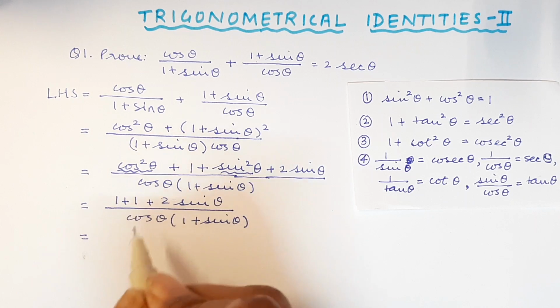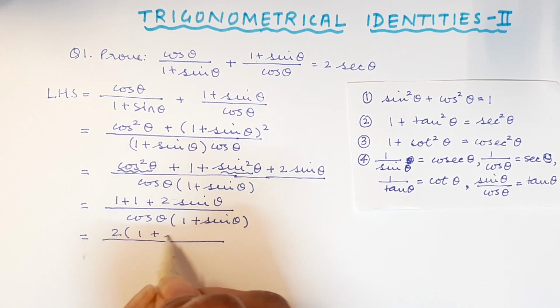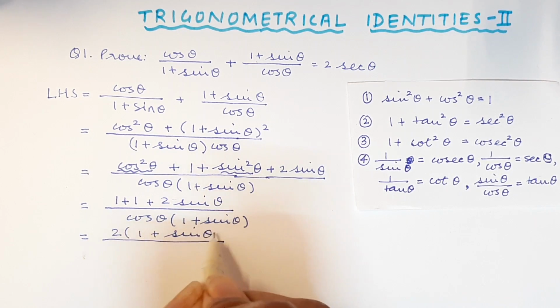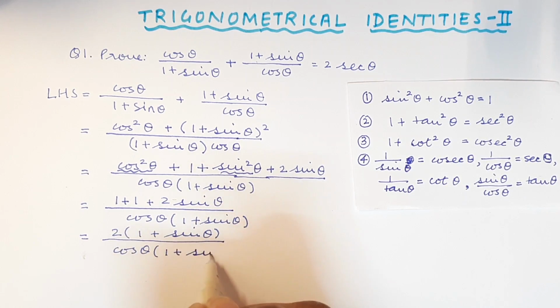Now, 1 plus 1 is 2. So 2 plus 2 sine theta, which means 2 into bracket 1 plus sine theta, correct? And upon cos theta into bracket 1 plus sine theta. Now, can you see this common factor?